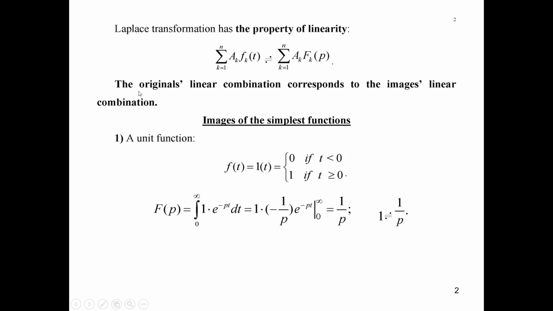It may be formulated as: the original's linear combination corresponds to the image's linear combination of some functions. Okay, it's also from mathematics. I will not present you with a proof because this is not a course of mathematics, it is a course of electrical engineering, only application of these properties. I just remind you about these properties.